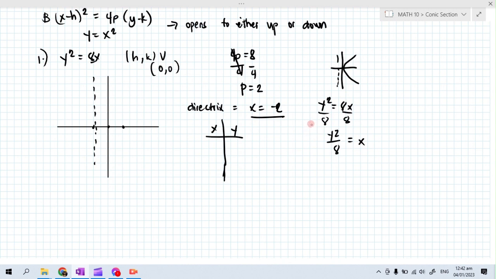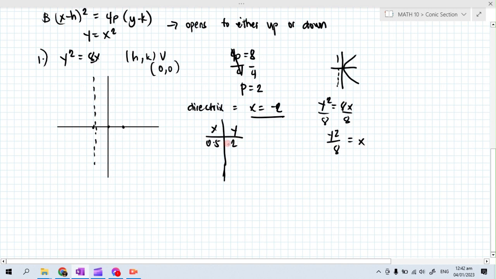Maybe we can try 2 as our y. So y squared is 4, divided by 8, is 0.5. That also happens if we plug in -2. So -2 squared is 4, thus it is the same. Next, how about 4?